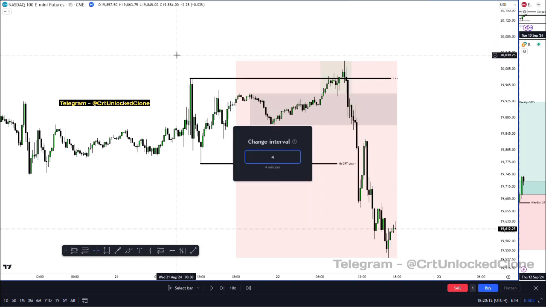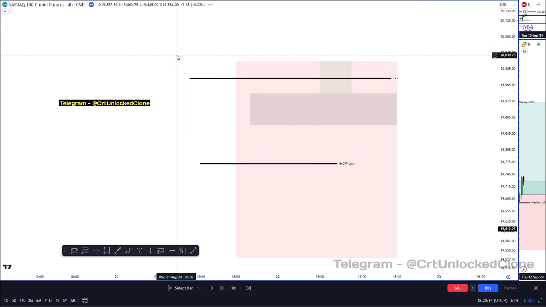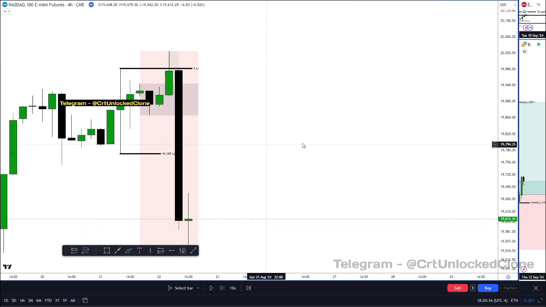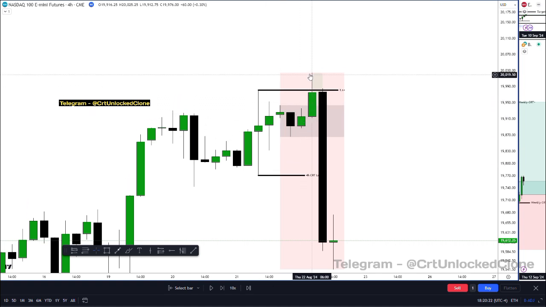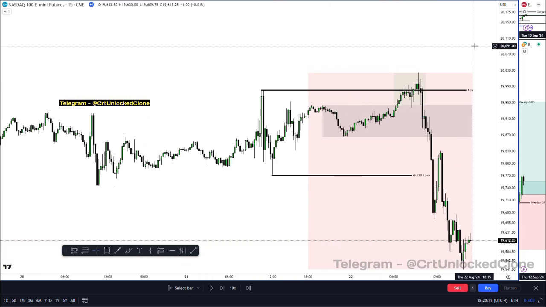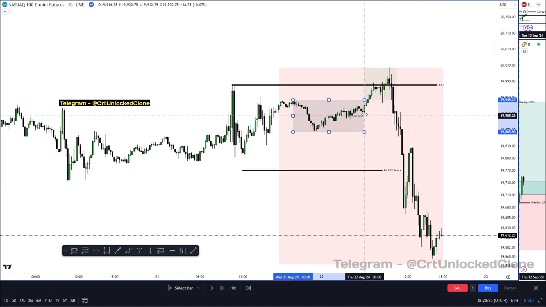into what some of you guys may have seen, a 4-hour CRT. CRT high and low, purged with this candle, distribution with the next. Dropping back down to the 15-minute time frame. You can see the Asia session was turtle souped, as well as the 4-hour CRT high.